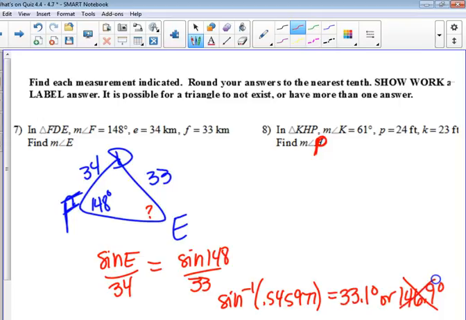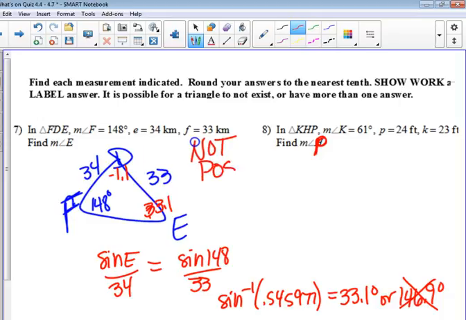You can't have this because we already have an obtuse angle. But if this is 33.1, that leaves a negative 1.1 up there. Yeah, it was a hard one. I think the one on the quiz, probably when you set it up and you type second sine, it's going to say like error, okay? The one that's not possible. But this one is not possible.